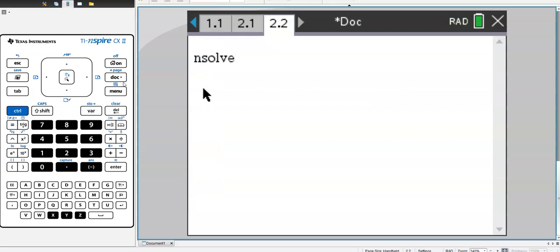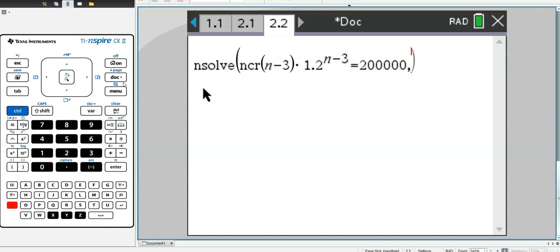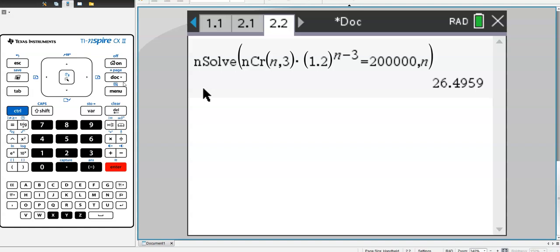Let's see if it would have worked with just the original nCr, n choose 3 times 1.2 to the power of n minus 3 equals 200,000, solving for n. That doesn't seem too terrible. Oh, n comma 3, that's what it is. And actually, that works. So we didn't need to worry about the algebraic expansion in this case. We could have put nCr in the function. And we get 26 point something. So we would need to give our answer for n as 27.